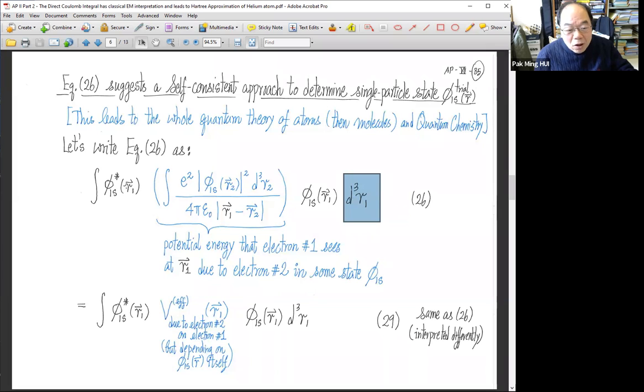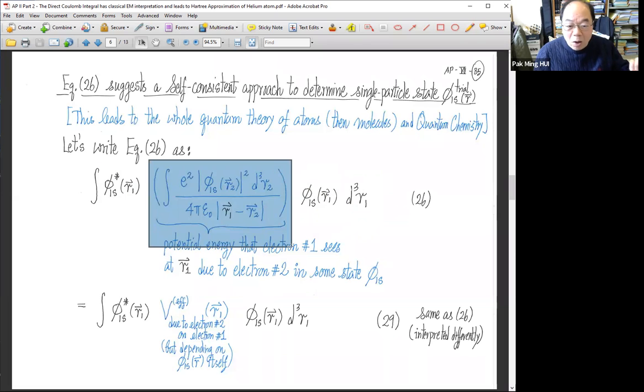If I focus on electron number 1, with coordinates R1, it looks exactly like an expectation value: two wave functions, one on each side, and then we have some operator in between. We also know how to interpret this operator.